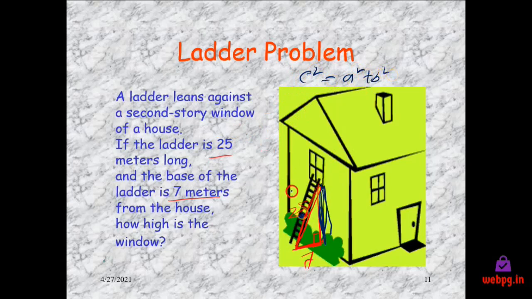C is the ladder, which is 25, and 7 is our a. So let's calculate. C square means 25 square, equal to a square, which is 7 square, plus b square, since we don't know b.